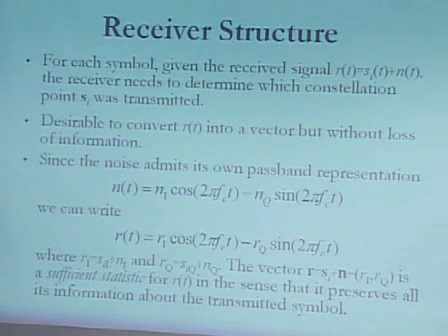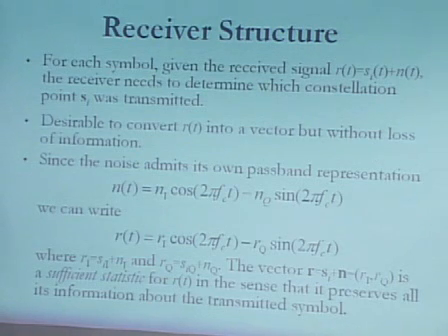Each point corresponds to a group of k bits, so by choosing which point was sent, the receiver detects this group of k bits. It is desirable to convert the received signal r(t) into a vector without losing any information, just to process it in an efficient way.